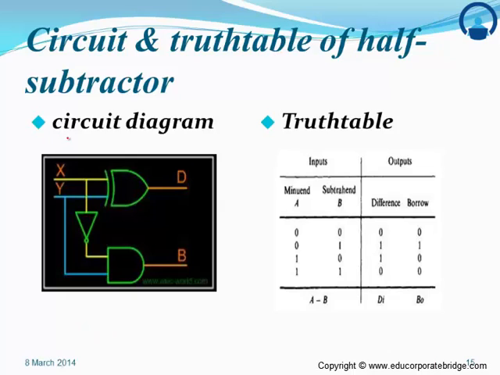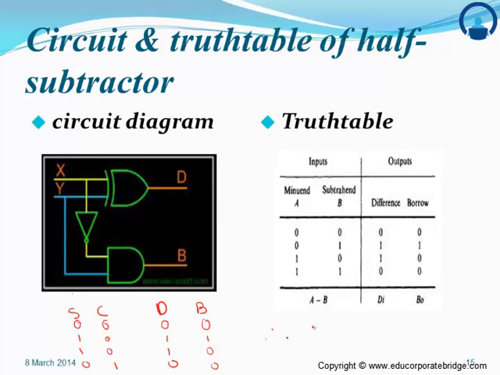The sum output was 0 1 1 0, and the carry output was 0 0 0 1. Similarly, we can compare the difference and borrow truth table. Difference is again 0 1 1 0, and the borrow is 0 1 0 0.